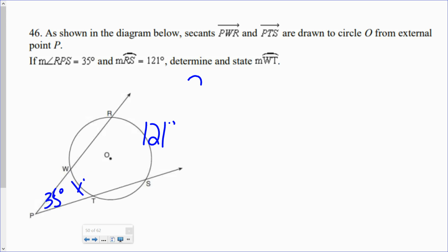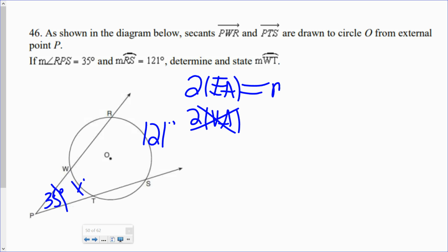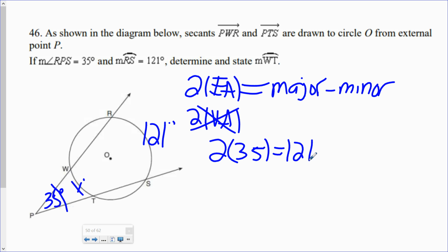So it's going to either be 2EA or 2VA. EA stands for exterior. Is there an exterior angle? Yes. So it's going to be 2EA equals major minus minor. The exterior angle is 35. The major arc is the bigger arc. That's 121. The minor arc is X.